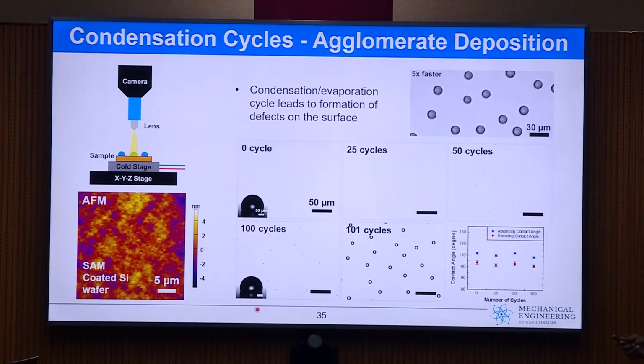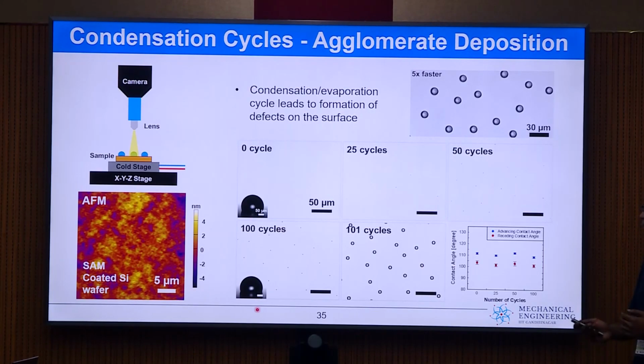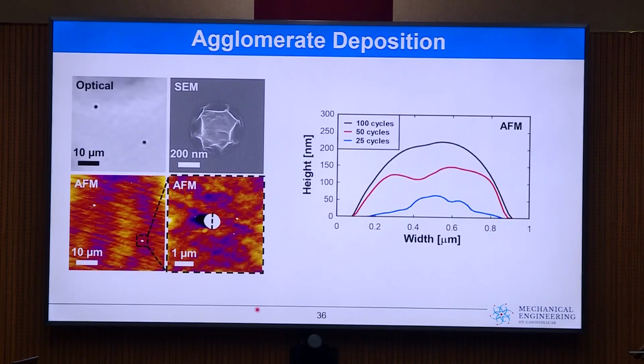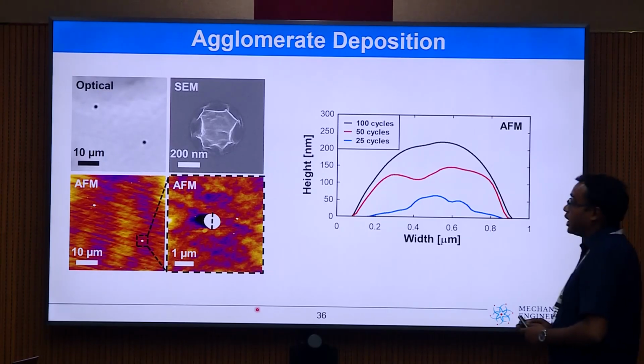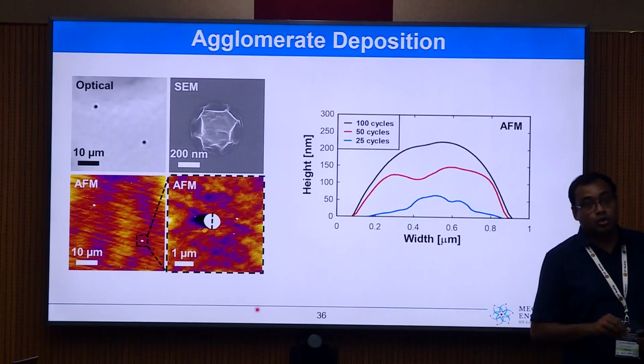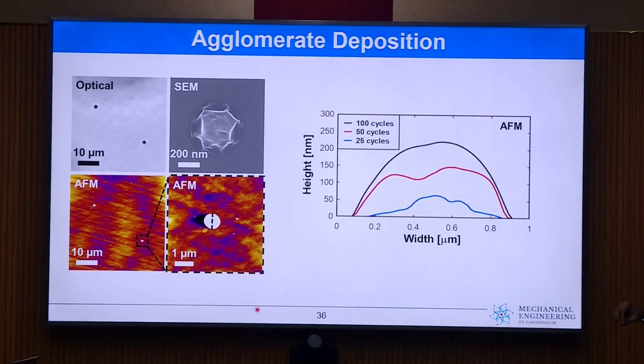This was seen not because we wanted to or were looking for it, but quite randomly when doing the condensation experiments. We started seeing that the surface is degrading over a period of time. That led to looking into these AFM and SEM images to see what exactly is happening at those locations where we see these specks.